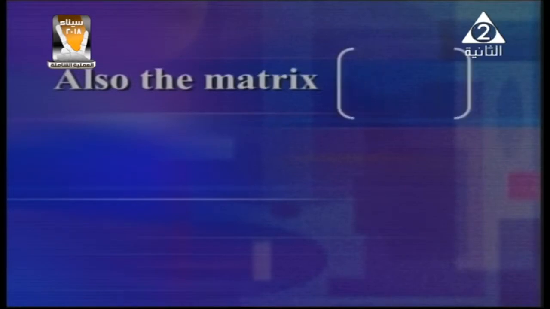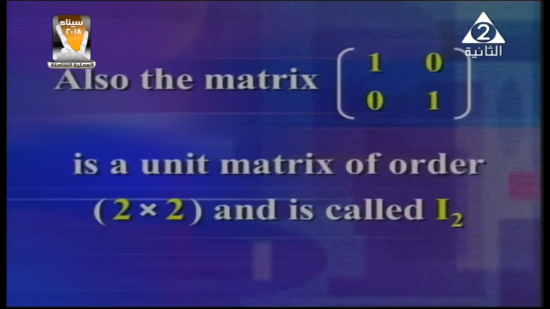Also the matrix 1 0 0 1 is called the unit matrix of order 2 times 2. It's called I2. Why? Because all elements of the principal diagonal are 1, and all elements except the principal diagonal are equal to 0.